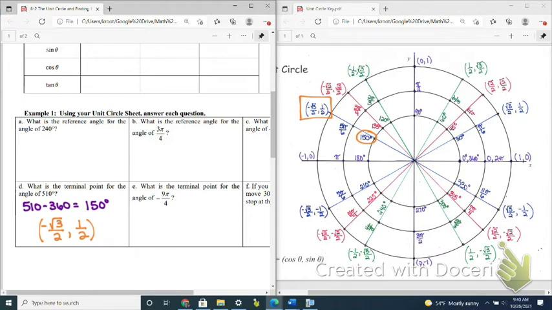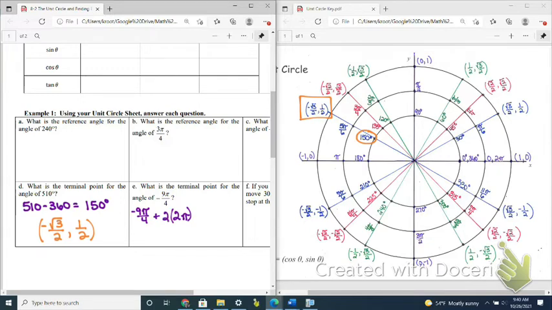So what is the terminal point for the angle of negative pi over 4? Again, that's a negative, so I need to get it within one circle. So I'm going to add, instead of 360, I'm going to add multiples of 2 until I get there. So I'm going to add 2 of them.